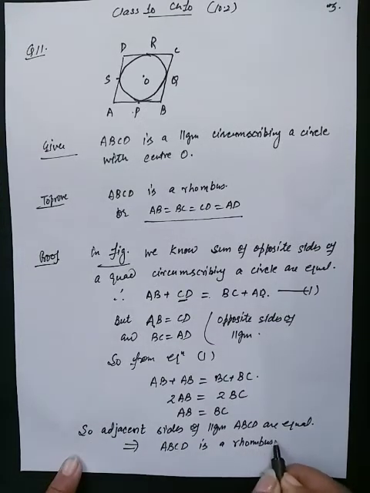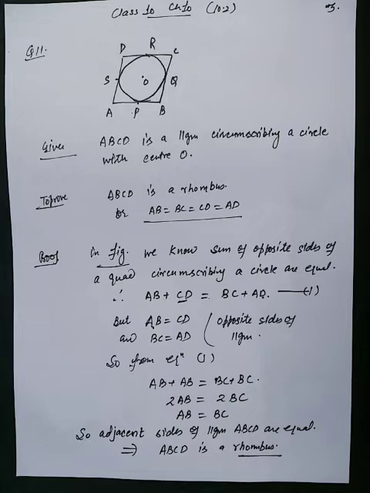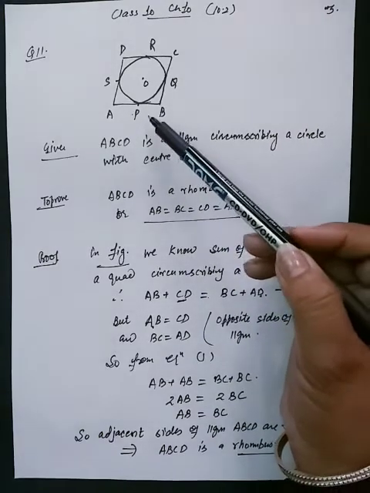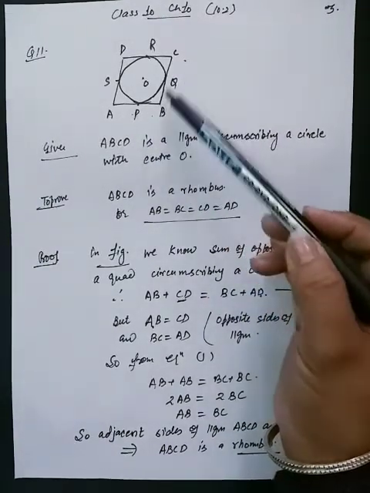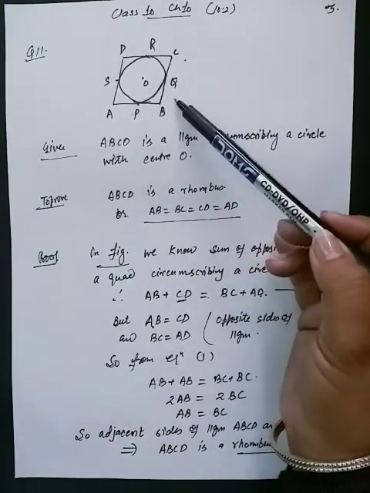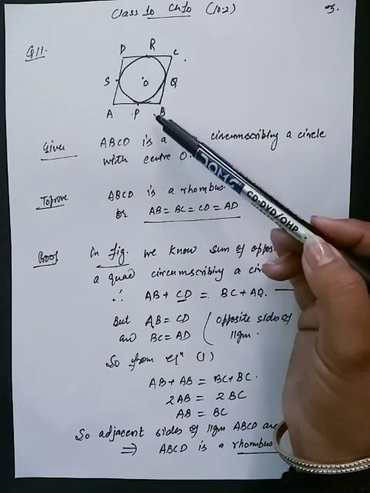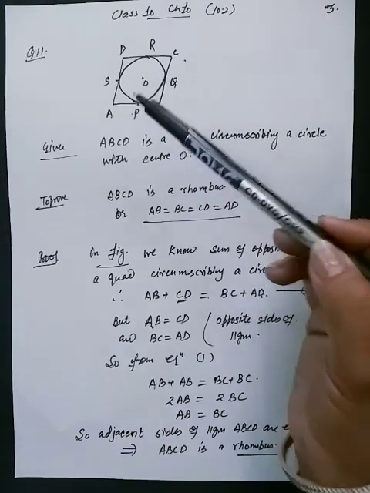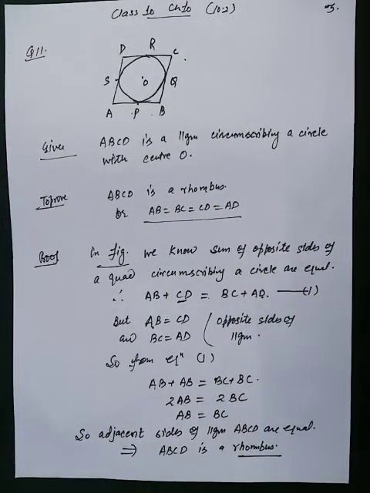We know that if adjacent sides of a parallelogram are equal in length, then that parallelogram is converted into a rhombus. And in the question we have proved that AB is equal to BC, and AB and BC are two adjacent sides of the parallelogram ABCD. So ABCD will become a rhombus.